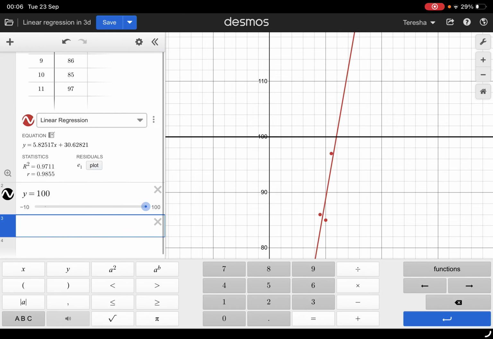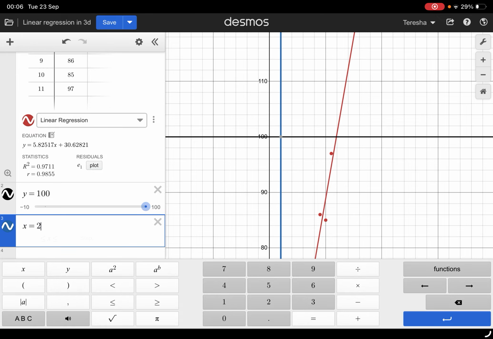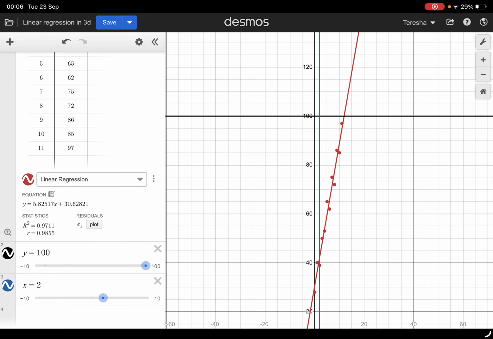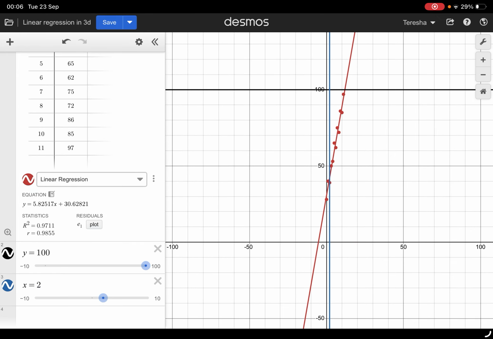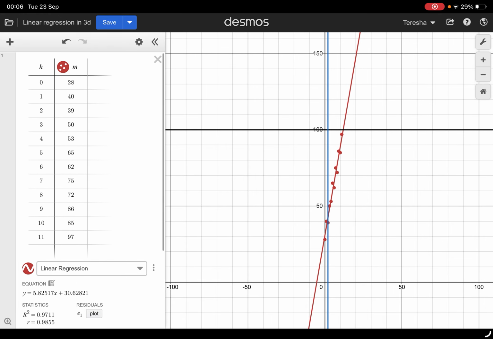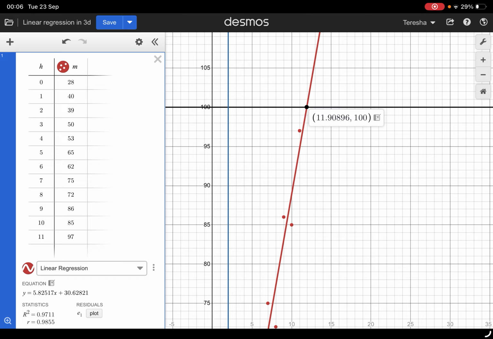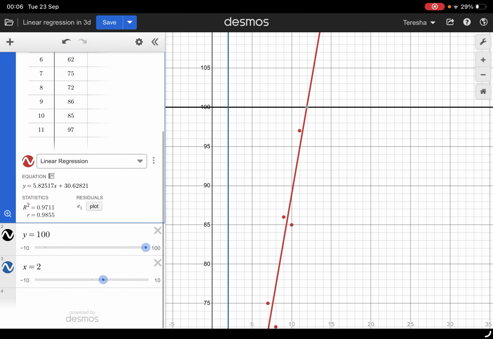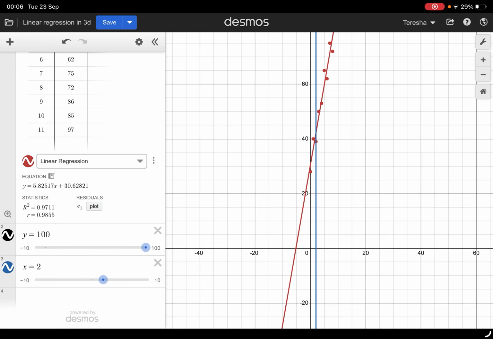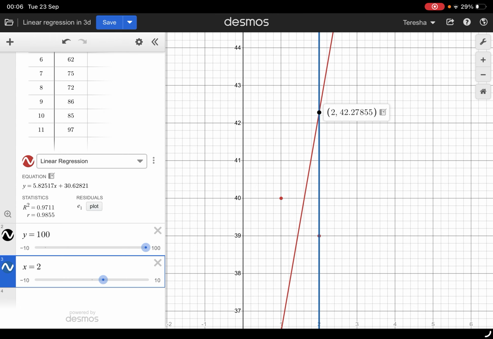So this can also be used the other way. If I study for, let's say, 2 hours because I'm very lazy, how much mark will I get? Let's see. Where's x? Oh yeah, so here, look, how much mark will I get?